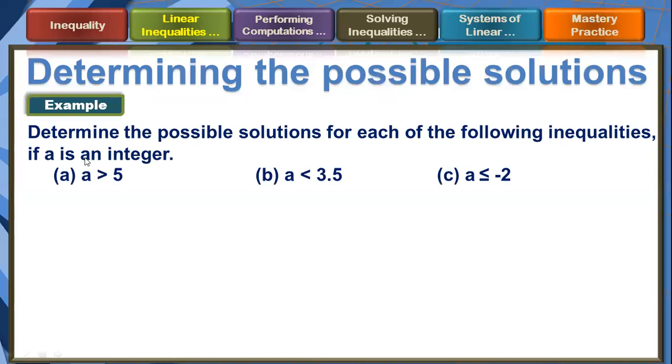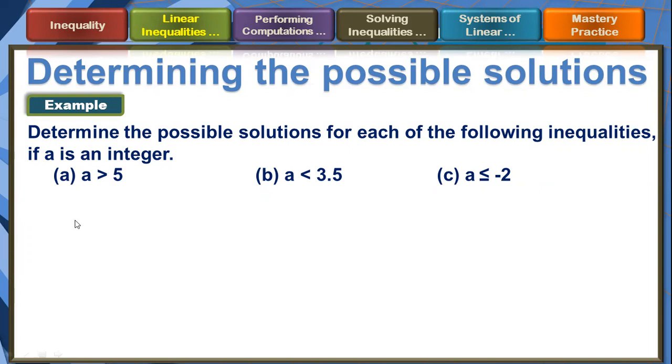So this is a very important statement: A is an integer. What are integers again? Integers are positive and negative numbers, including 0, and they are all whole numbers. So fractions and decimals are not integers.